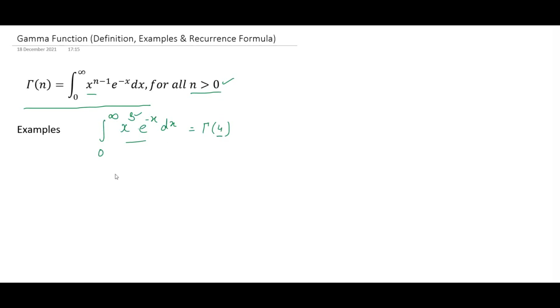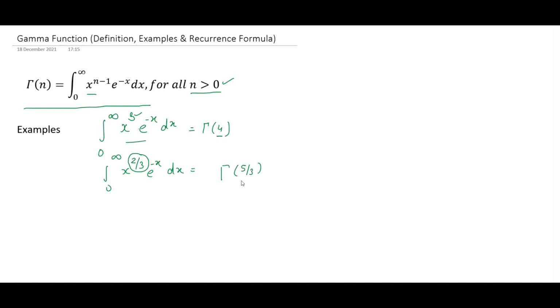See another example. 0 to infinity x raised to power 2 by 3 e raised to power minus x dx. Again, if you want to express this as gamma function, add 1 to the power of x, so it will be gamma of 5 by 3.